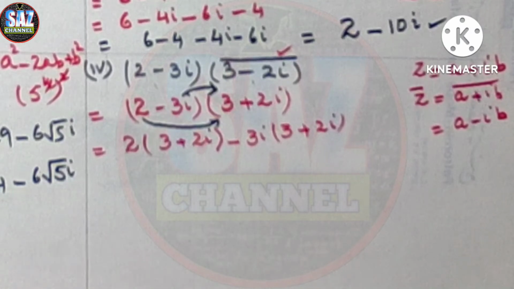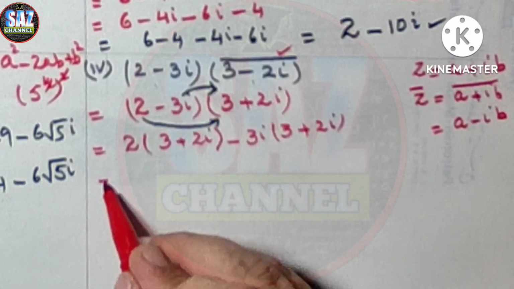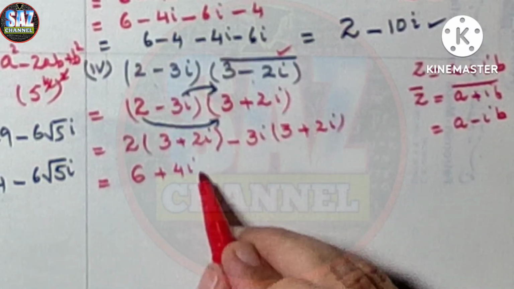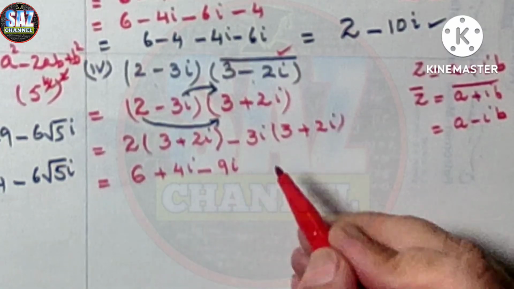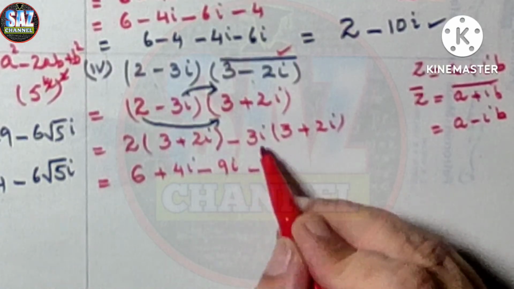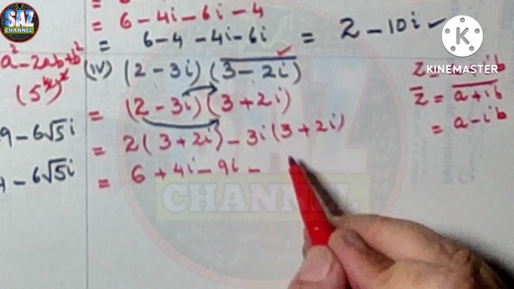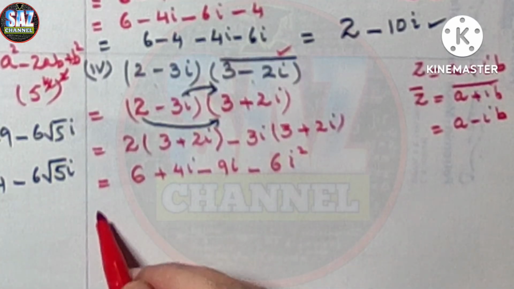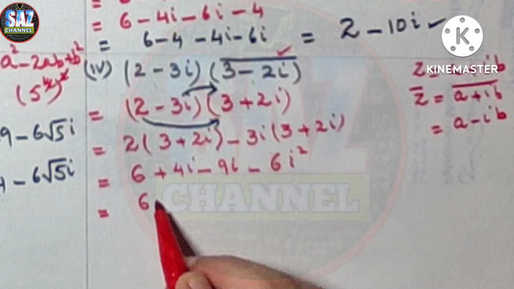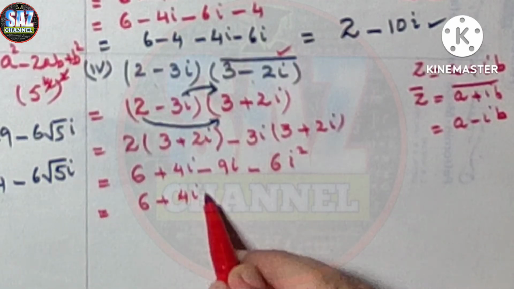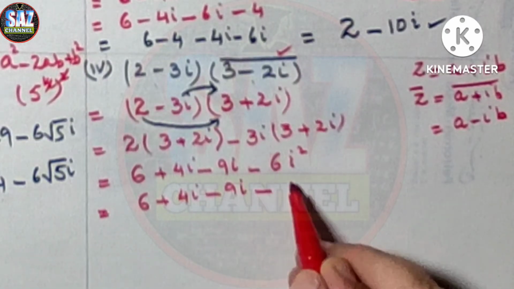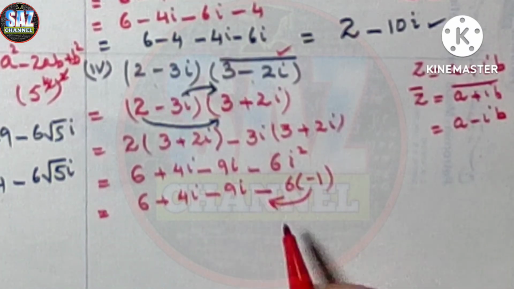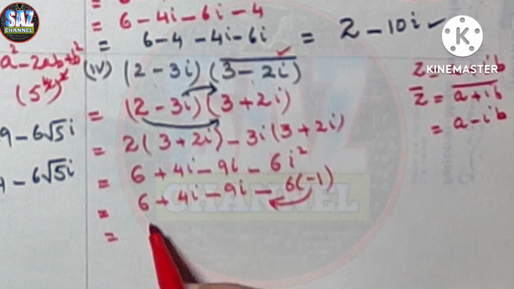So 2 times 3 is 6 plus 4 iota minus 9 iota and minus 3 times 2 is 6, and iota times iota is iota square, and this will become 6 plus 4 iota minus 9 iota minus 6 into minus 1. Now minus multiplied by minus will become positive 6.